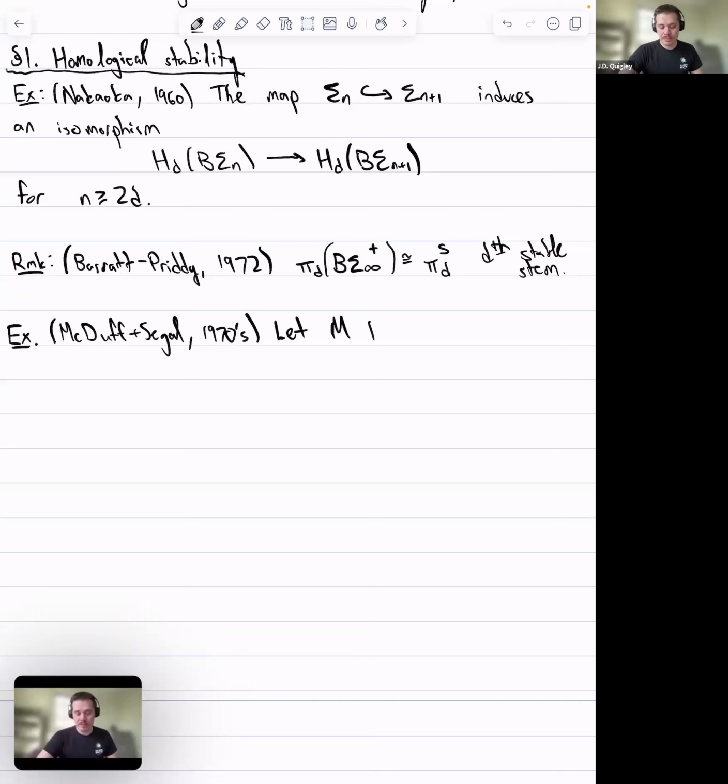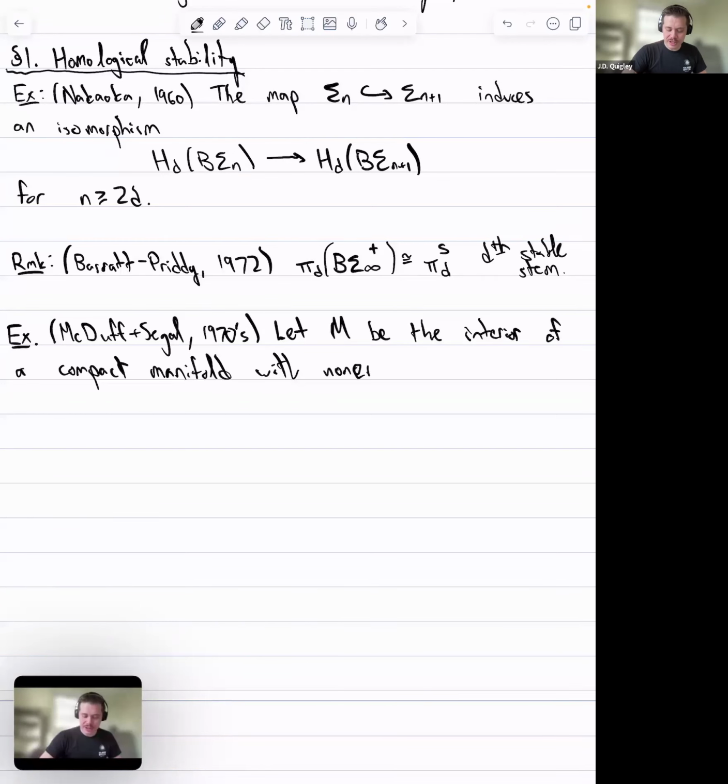So let M be the interior of a compact manifold with non-empty boundary. Okay, it takes longer to write than I thought. Okay. So M is, for now, let's just think of it as a manifold.